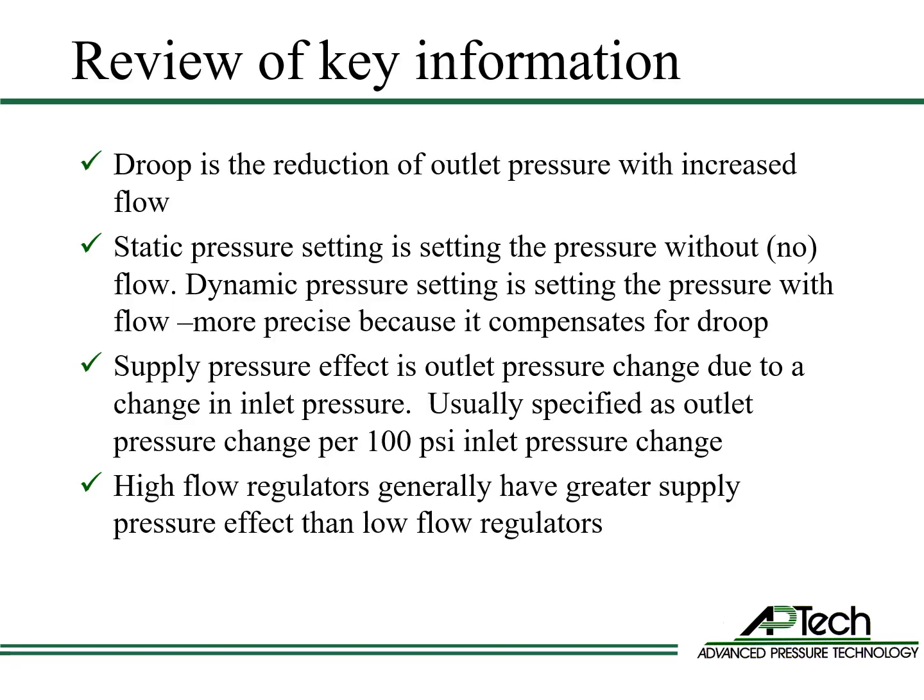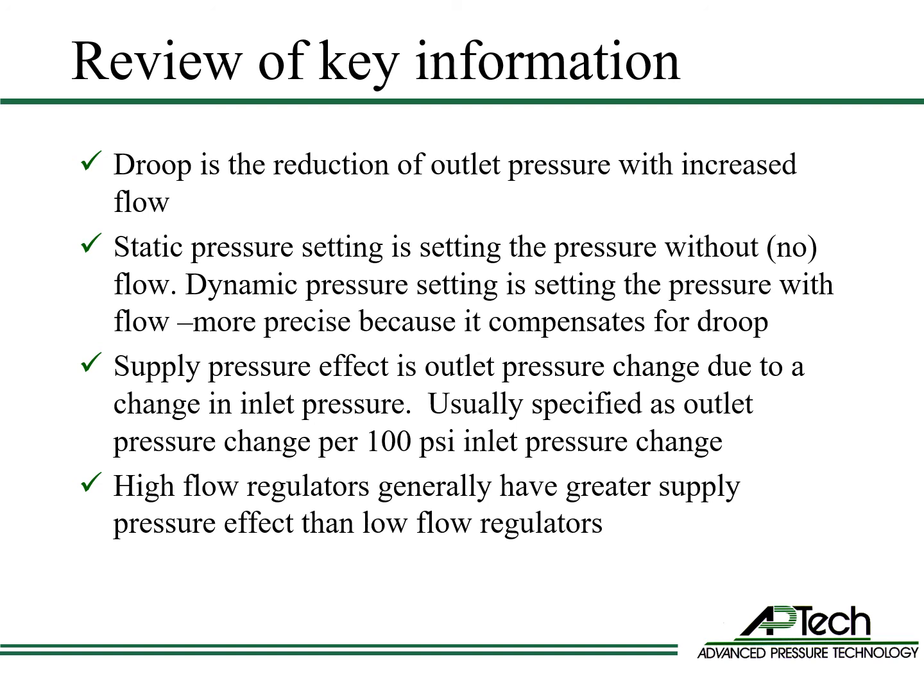Now let's review the key information about droop, flow curves, setting outlet pressure, and the supply pressure effect in gas regulators. Droop is the reduction of outlet pressure with increased flow. Static pressure setting is setting the pressure without flow. Dynamic pressure setting is setting the pressure with flow.